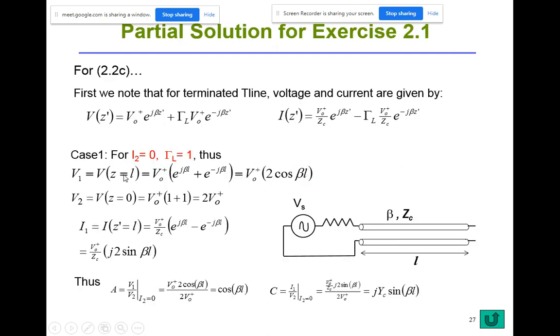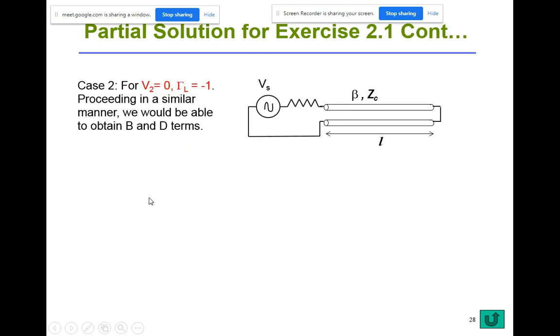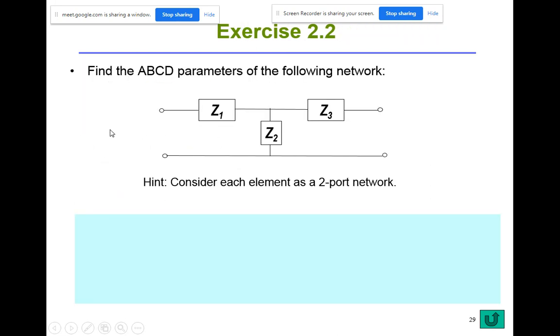Today we will look at the application in a while. But before that, let us look at how we find the overall ABCD matrix using various methods.